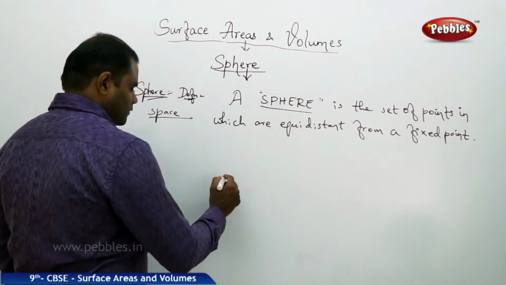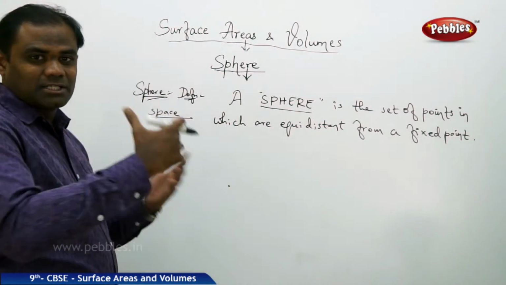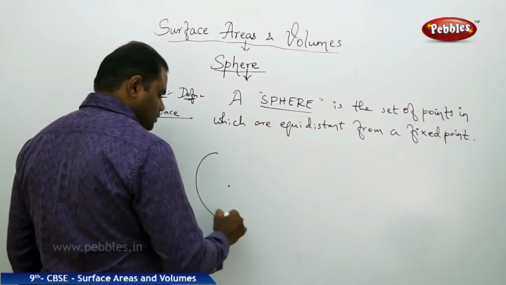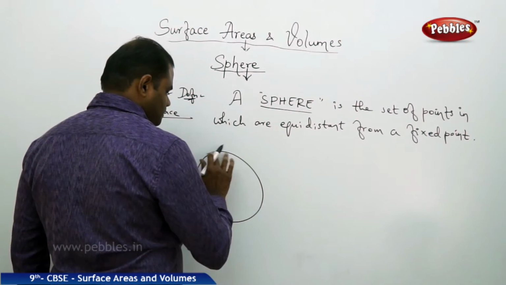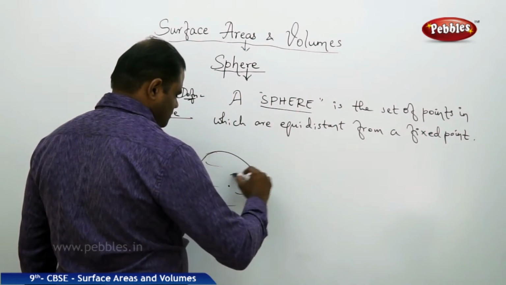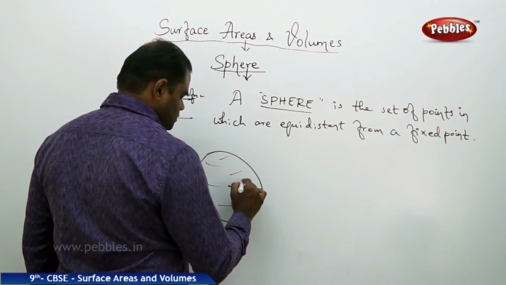When I take the fixed point at the center and spread all the points which are equidistant from it, I get a three-dimensional object, which is a sphere.